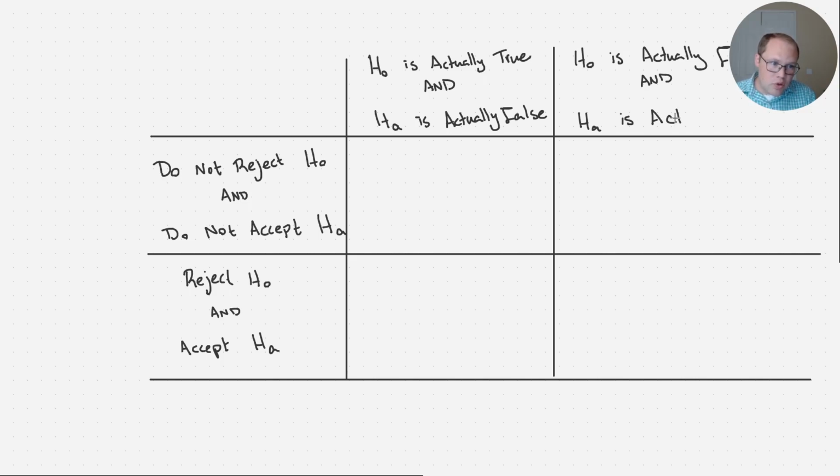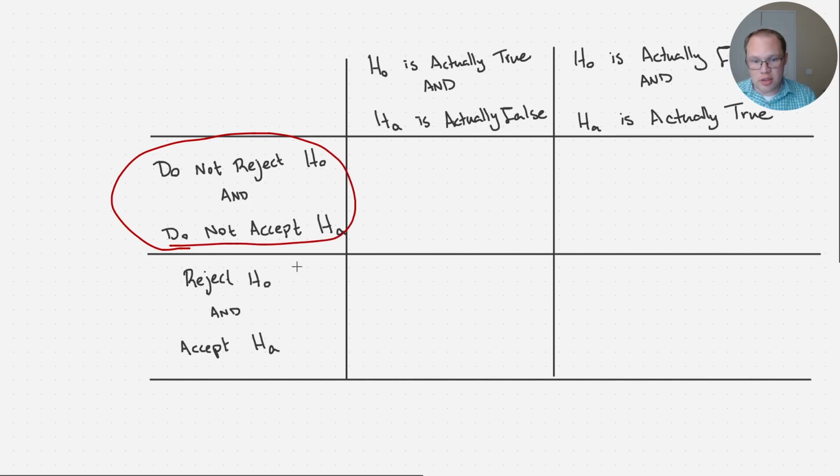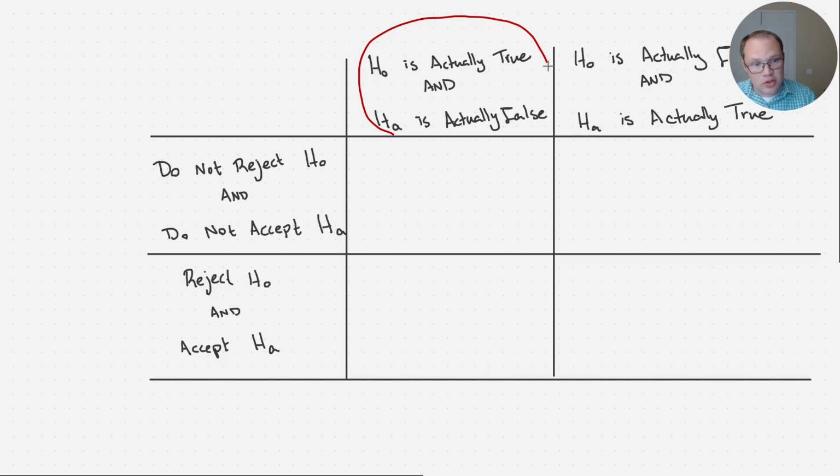Okay, it's important to realize that the actual truth of these hypotheses is a little bit different than what we conclude about them, right? So if we conclude to not reject the null and not accept the alternative, and the null is actually true and the alternative is actually false, in this case, then our conclusion is correct.